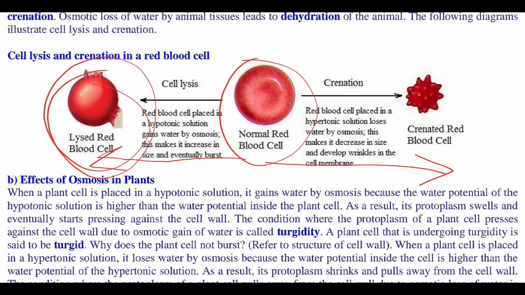On the other hand, if you drink too much alcohol, for instance, what will happen is that you will lose water. The cells will lose water and you'll be dehydrated. The process is called crenation.